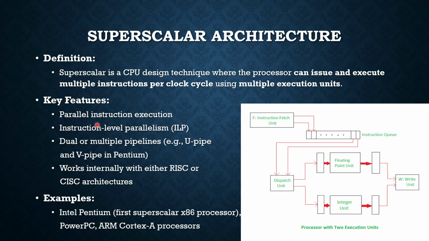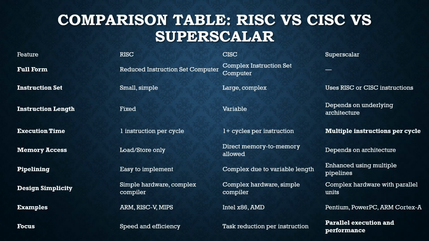It also works with either RISC or CISC architecture. Examples of processors using superscalar architecture are the Intel Pentium, the first superscalar x86 processor, PowerPC, and ARM Cortex-A processors.